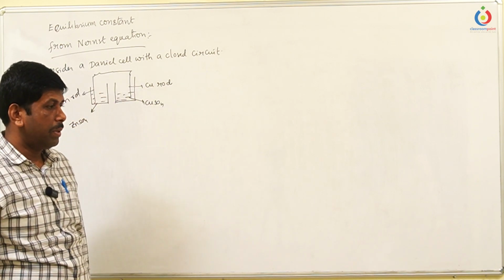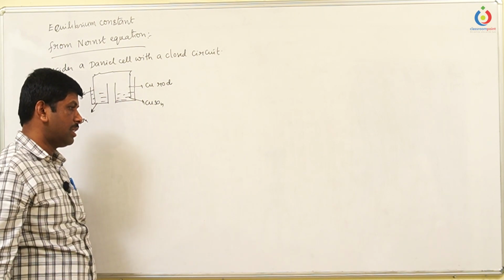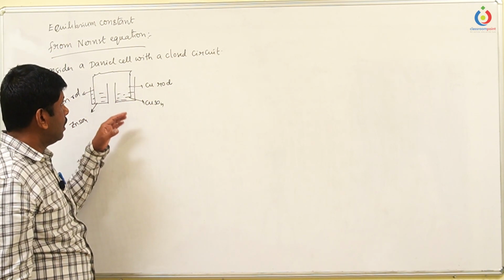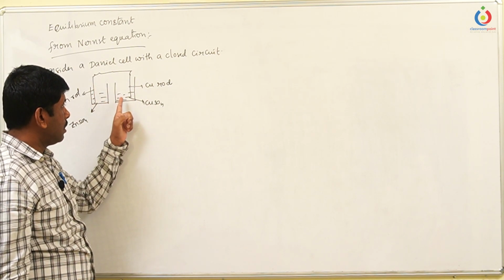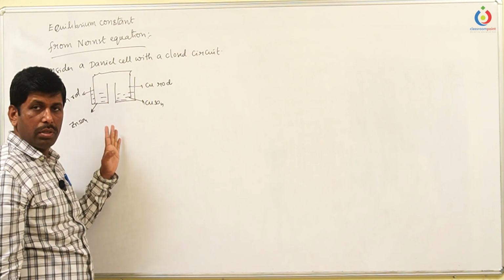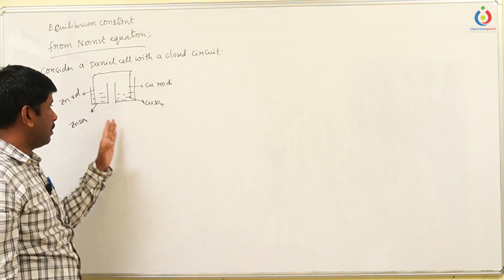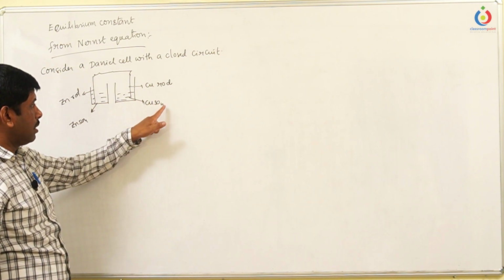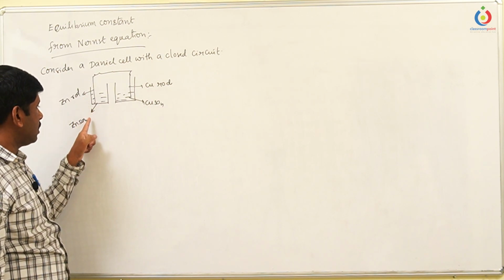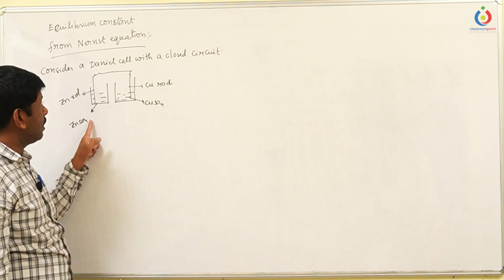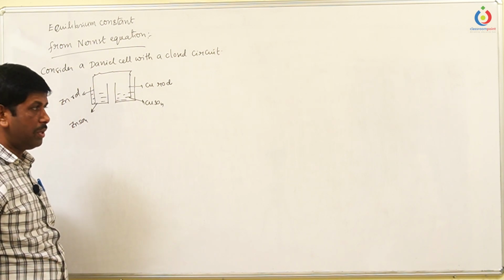Already we have seen in our previous derivations that in the Nernst equation, the electrode potential of this cell depends on the concentration of the electrolytes placed in both electrolyte half cells. Higher the concentration of cathodic electrolyte, lower the concentration of anodic electrolyte, more will be the E cell value produced.